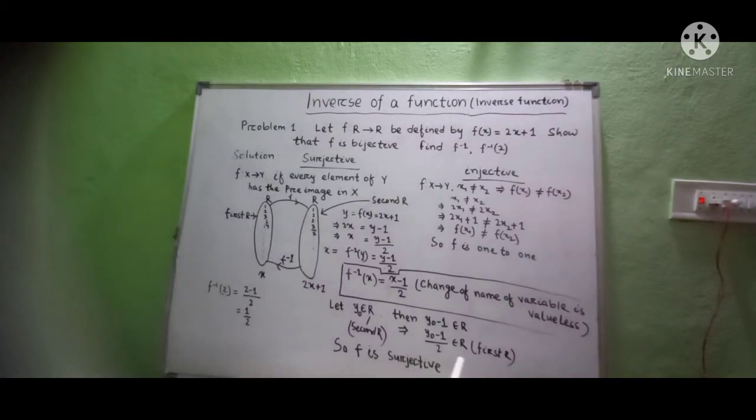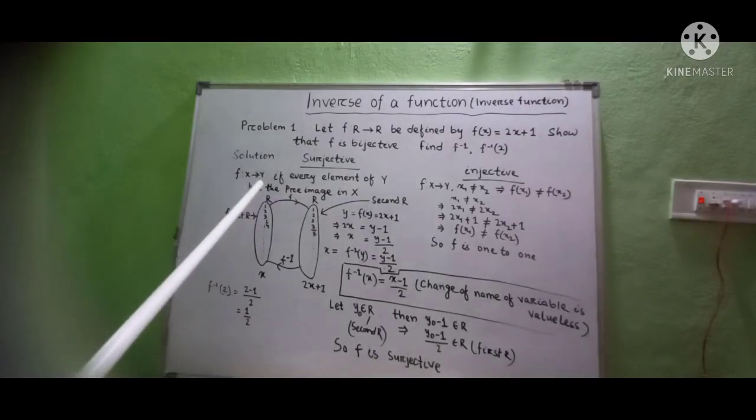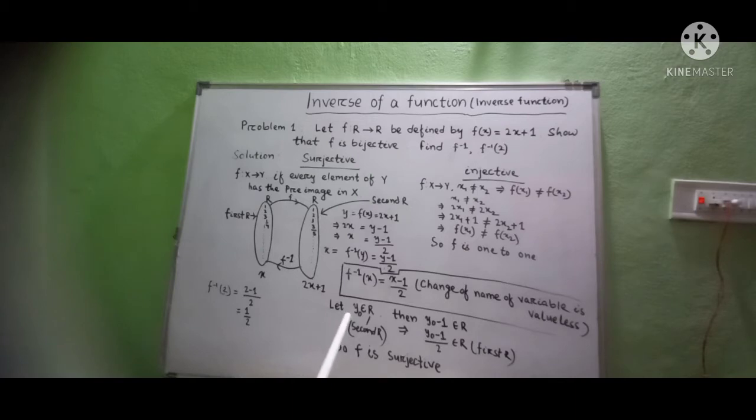So (y0 - 1)/2 belongs to R, and R is the real number set. So you can show that for every element in the second R there is a pre-image in the first R. So f is surjective.